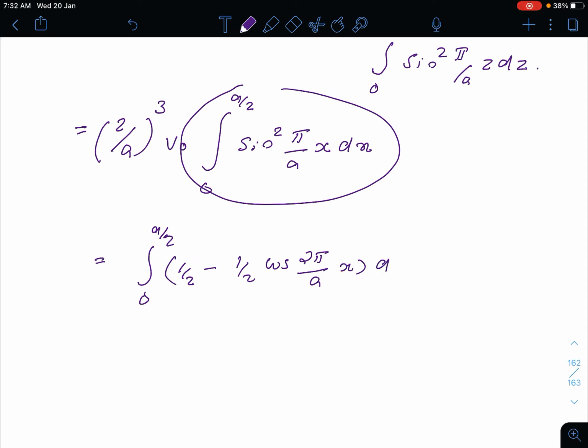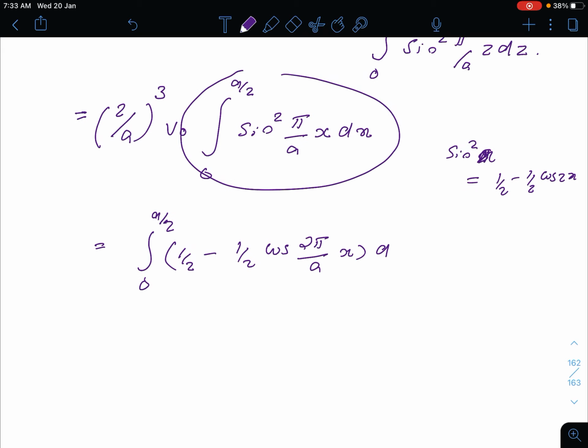Hope you remember, sine square x is equal to half minus half cos 2x. This is the formula.